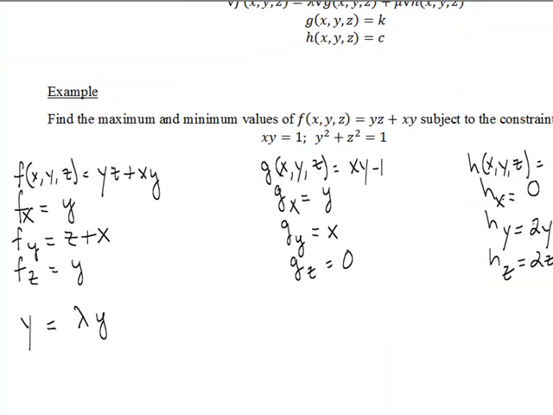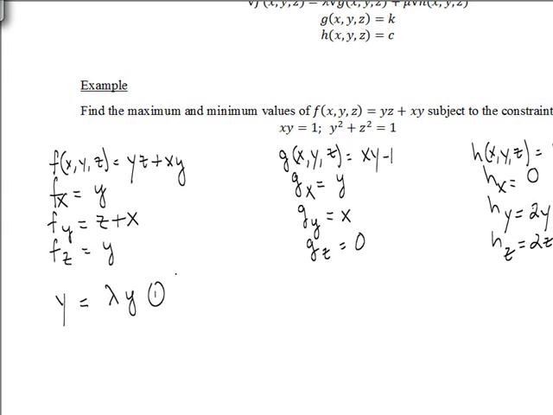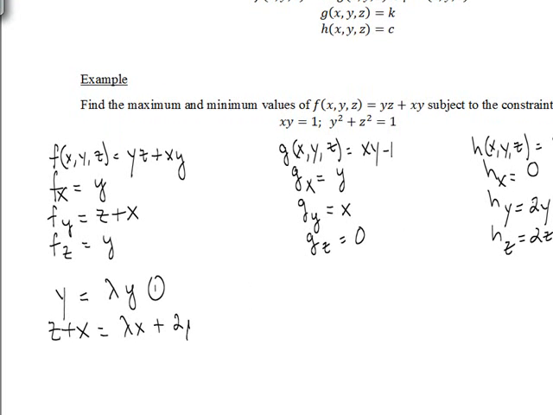There is no mu, so call this 1. Next line. Z plus x equals lambda x plus 2 mu y. 2.